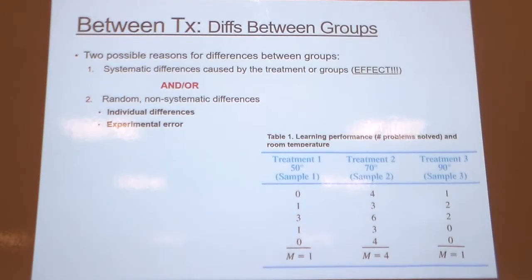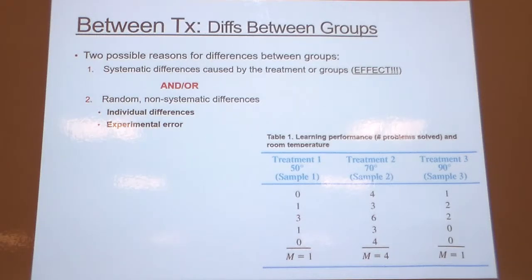Remember, if we're talking about between group differences, in this little table that we've used before, what we're looking for is why the means across these four groups are different. It could be due to systematic differences, just the effect of, it looks like, temperature on number of problems solved, or it could be random differences due to individual differences across the people who got categorized into these groups.